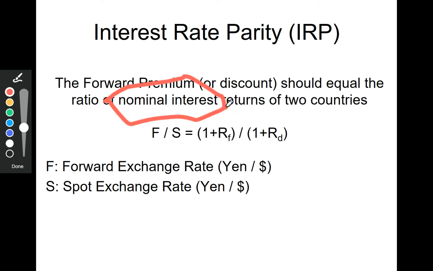The word nominal comes from naming it. It's the bank names or quotes the interest rate to you. And these are the interest rates that you hear in real markets. And real interest rates are not the interest rates that you hear in real markets. So this is a little bit funny too.